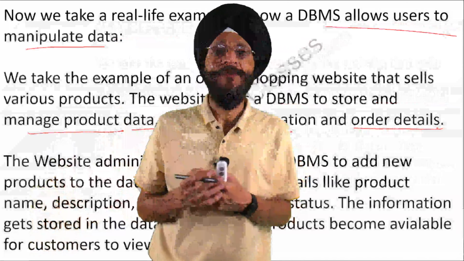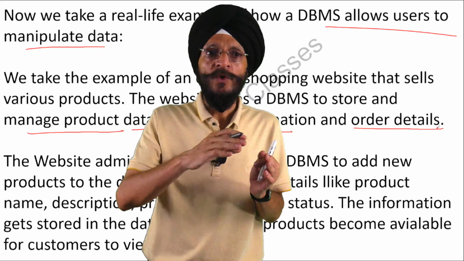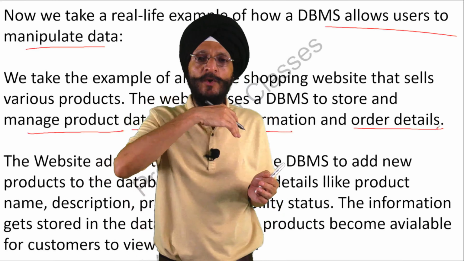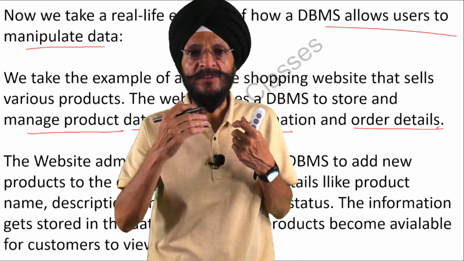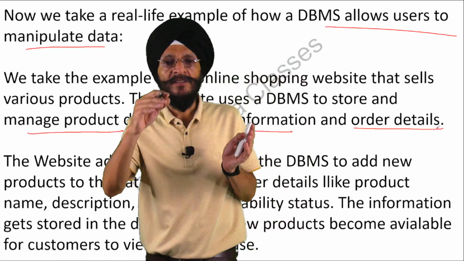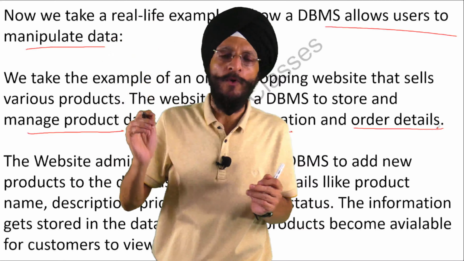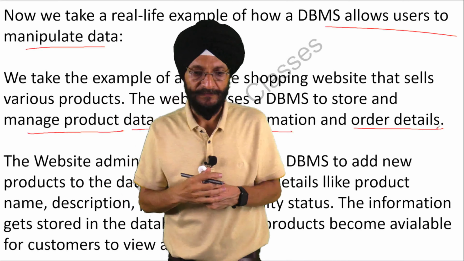We take the example of eBay, where DBMS allows them to manage the data in respect of thousands of the products which are sold by them, thousands or millions of customers which they are having, and the large number of orders which are being placed every day on their site.